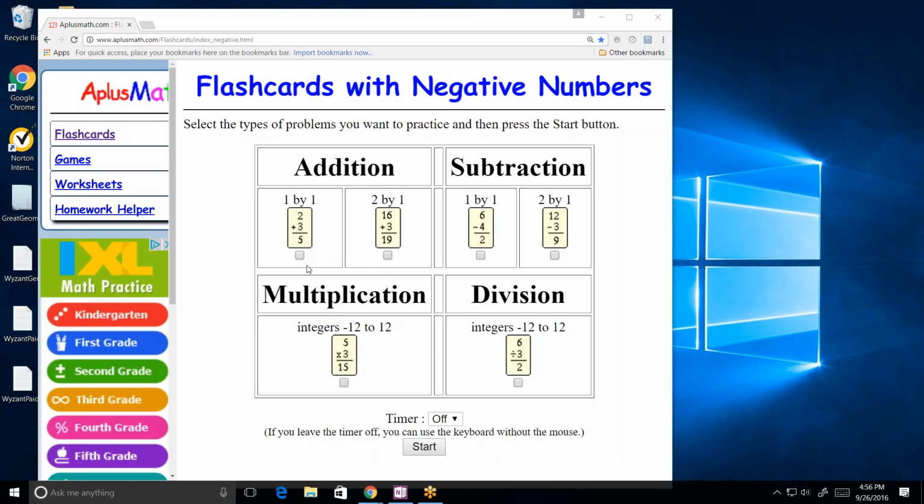What I want you to do here is only click on the 1 by 1s. You see where it says 1 by 1 or 2 to 1? And in the bottom 2. What this is going to do is give you practice in addition, subtraction, multiplication, and division of single-digit numbers.